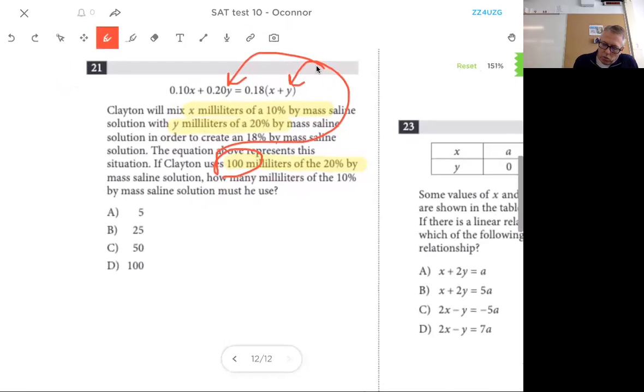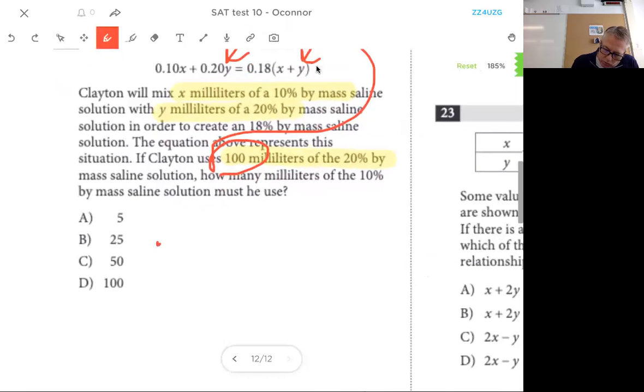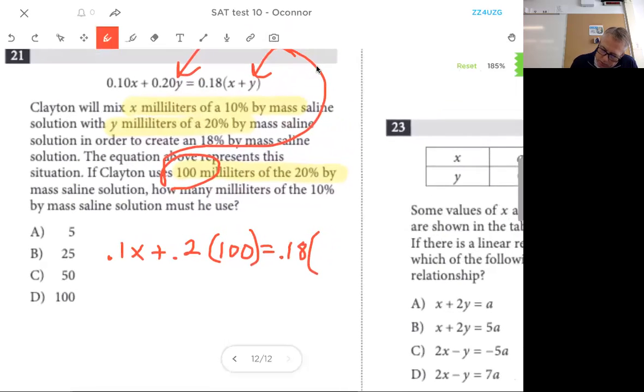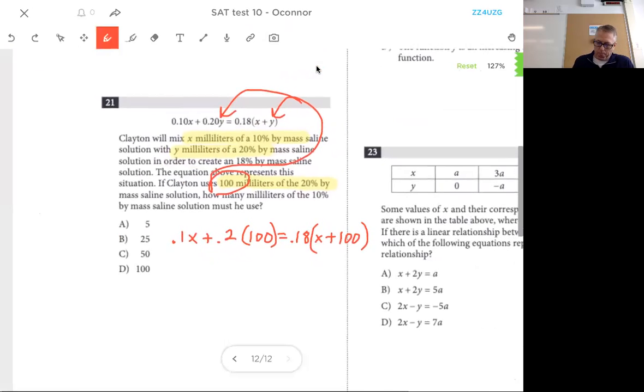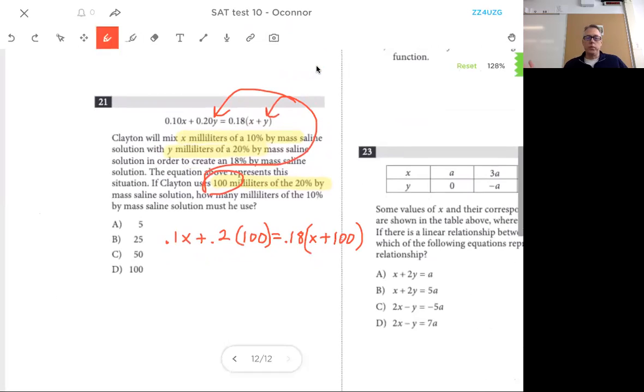So I'm plugging 100 in for the Y's. So I have 0.10x plus 0.2 times Y, which is now 100, is equal to 0.18 times X plus 100. And then we just solve that.